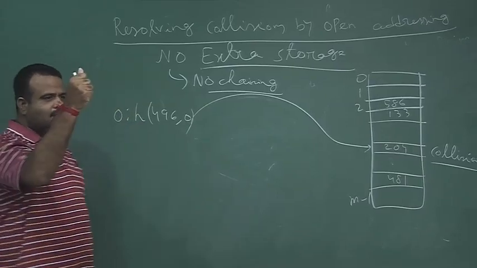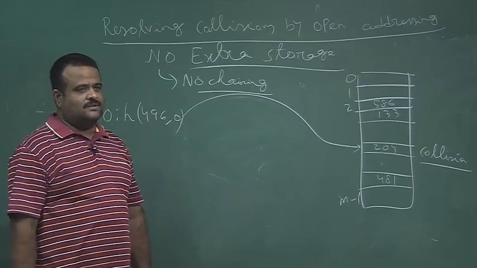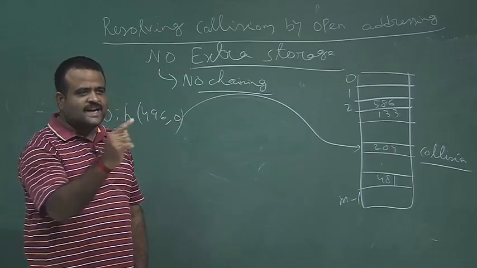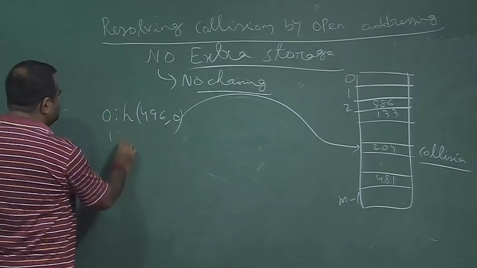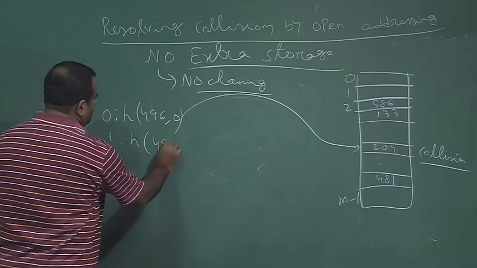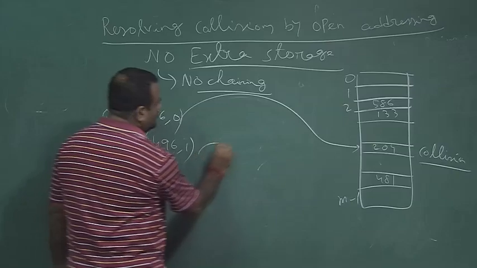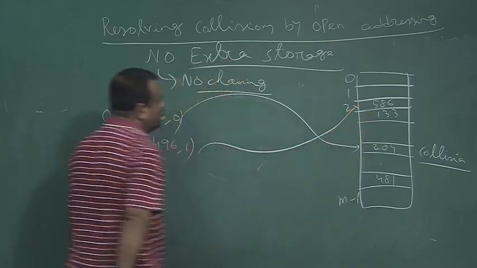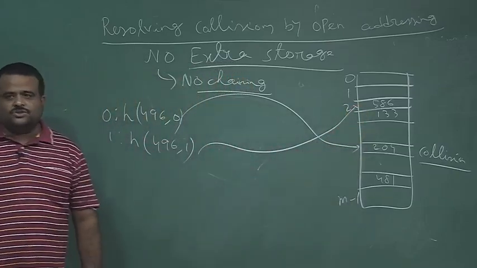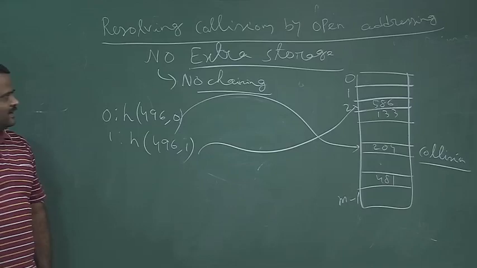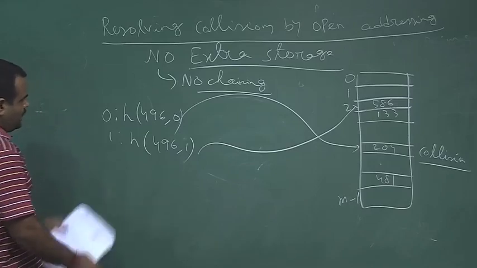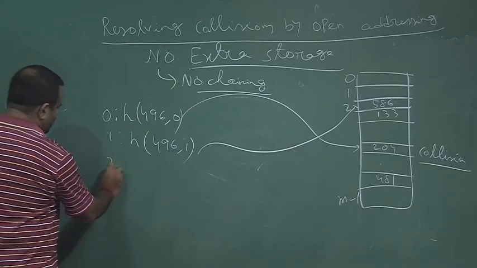So, we have a sequence of hash functions. We will choose the second hash function, that is the next probe, and suppose it is giving us this value which is already occupied. Then we have to go for a third probe, the next probe.